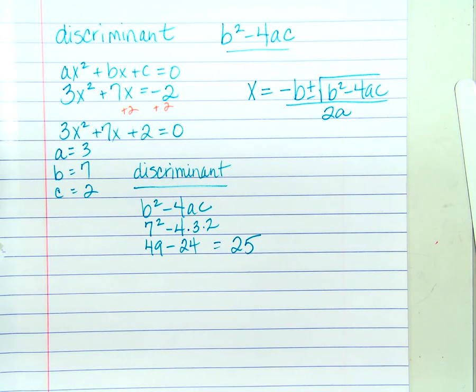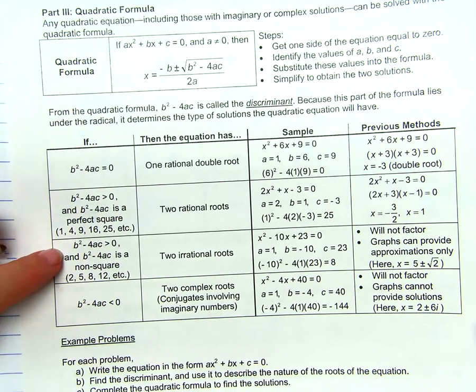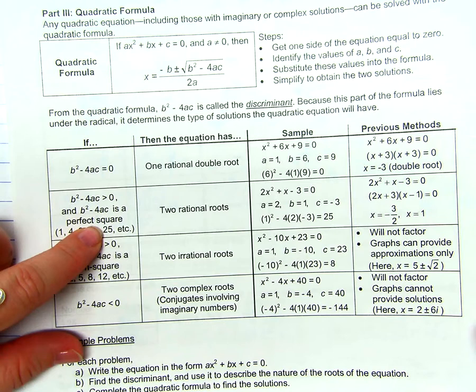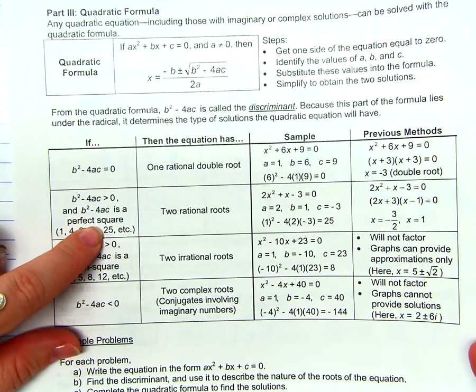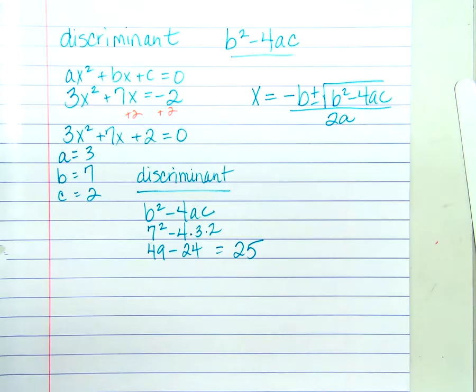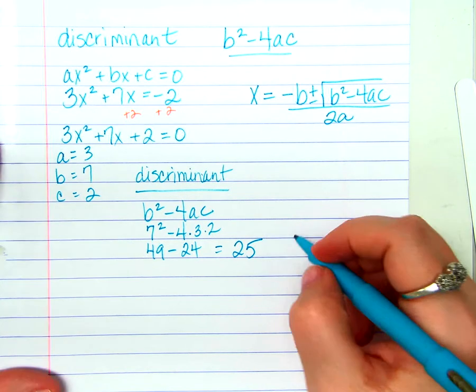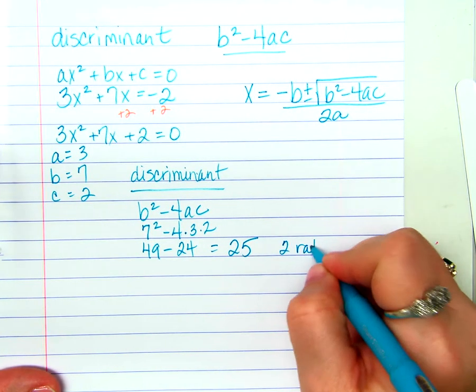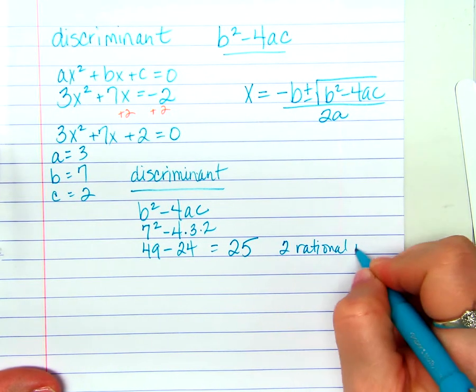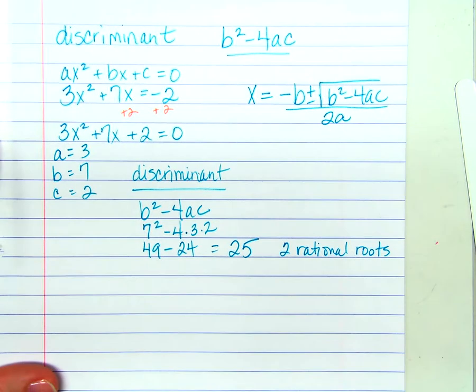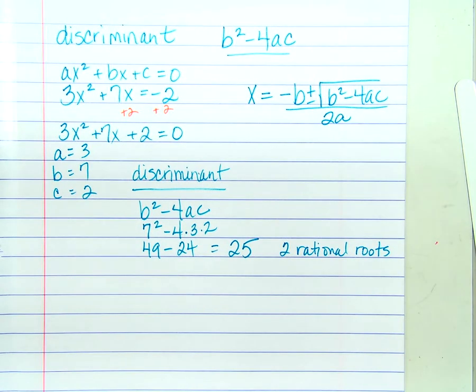It is a number greater than 0, right? To start off with, it's a number greater than 0, and it's a perfect square, so it will have two rational roots. When it says find the discriminant and describe the nature, then you write two rational roots.